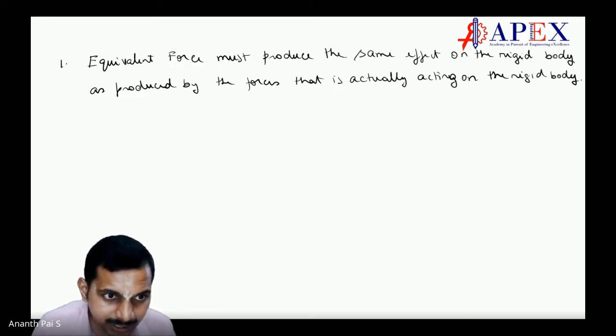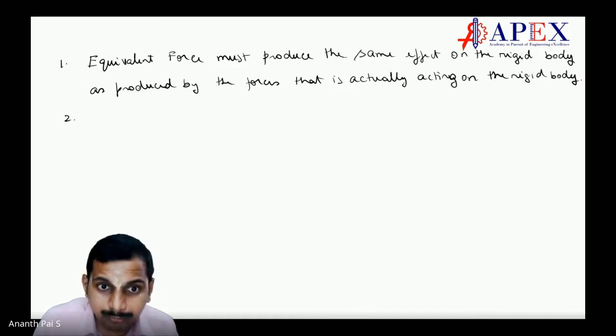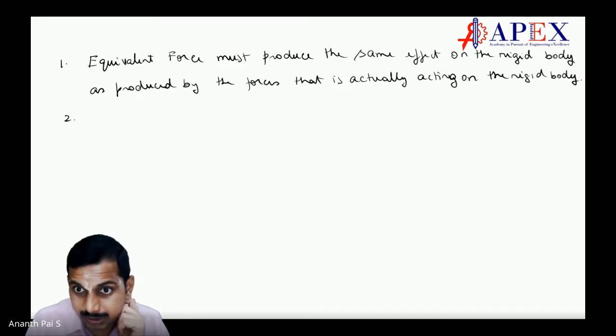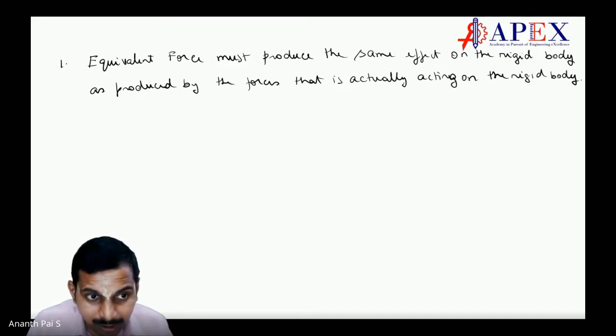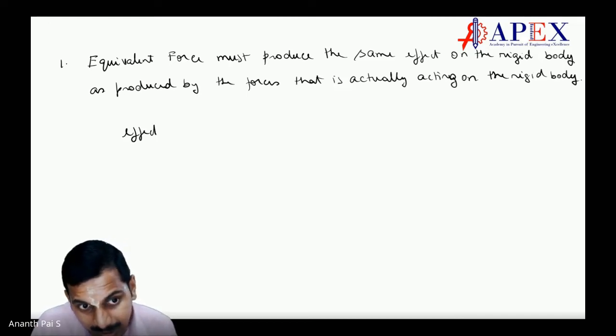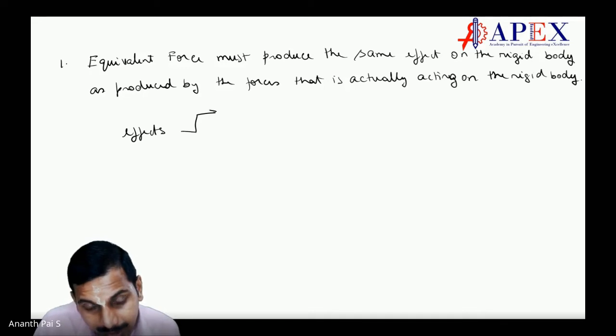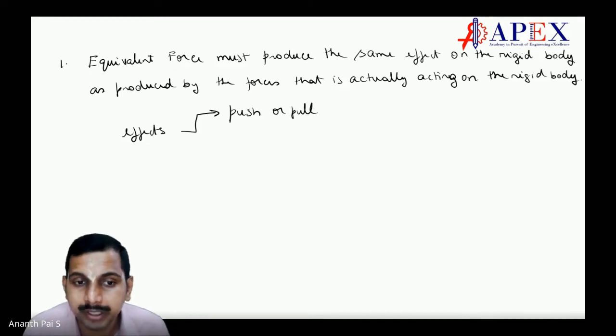And also the second one: the equivalent force system must produce the same effect. Now when you say effect, there are two types of effect. What are the effects? It may be a push or pull effect. Another effect is rotation.